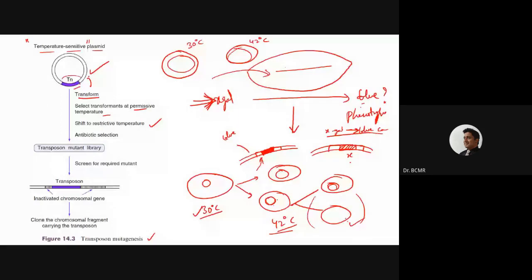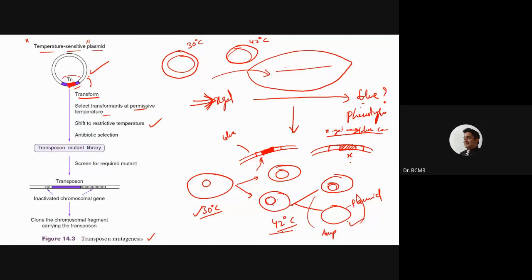This transposon also has an antibiotic resistance marker. Okay, so at 42, the majority of them are without plasmid, right? And if they are still able to grow on something like ampicillin, what does that mean? If they are able to grow on ampicillin, that would primarily mean that they are transformants, right?